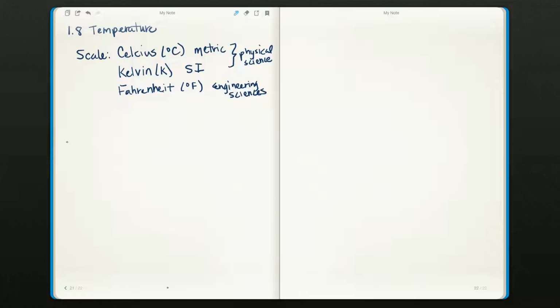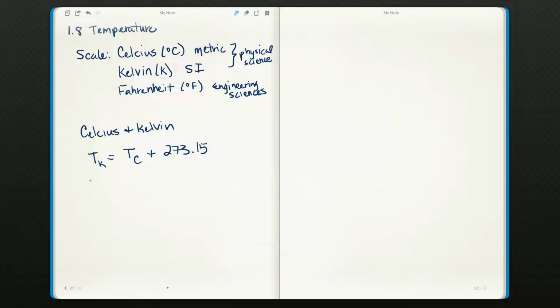So it's important to know how to convert between all 3 of these different temperature scales, because you might be given temperature in one, but your answer needs to be in a different scale. So let's talk about converting between Celsius and Kelvin. The formula is temperature in Kelvin equals the temperature in Celsius plus 273.15.